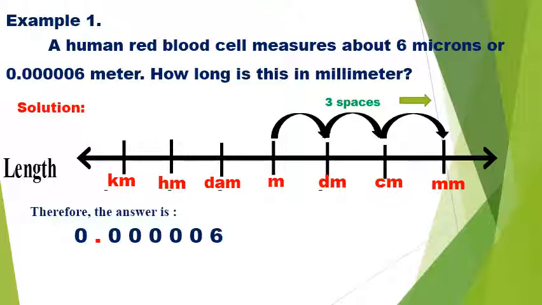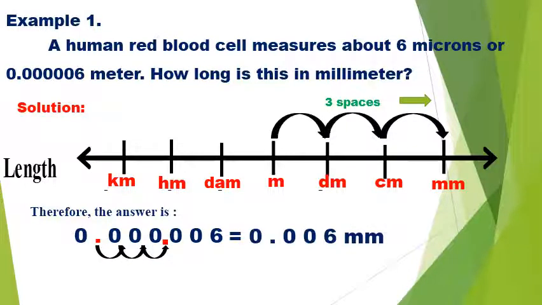And to do that, we have 1, 2, and 3. So our answer would become 0.006 millimeter. See? It is so easy using the metric converter, right?